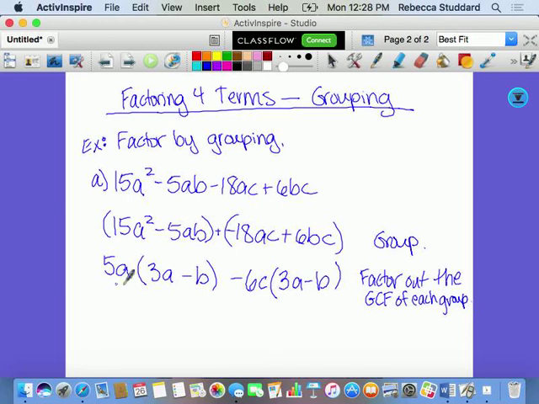What do these 2 terms have in common? 3A minus B. And when you factor out the 3A minus B here, what are you left with? 5A. And when you factor out the 3A minus B here, what are you left with? Minus 6C, and that's your answer.